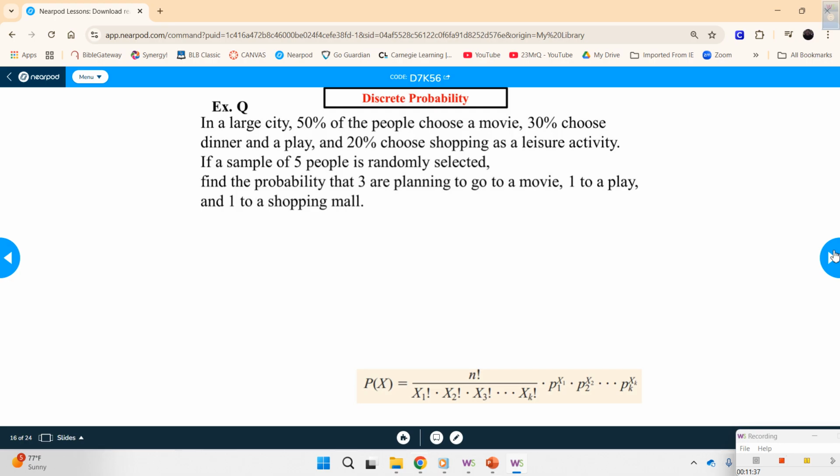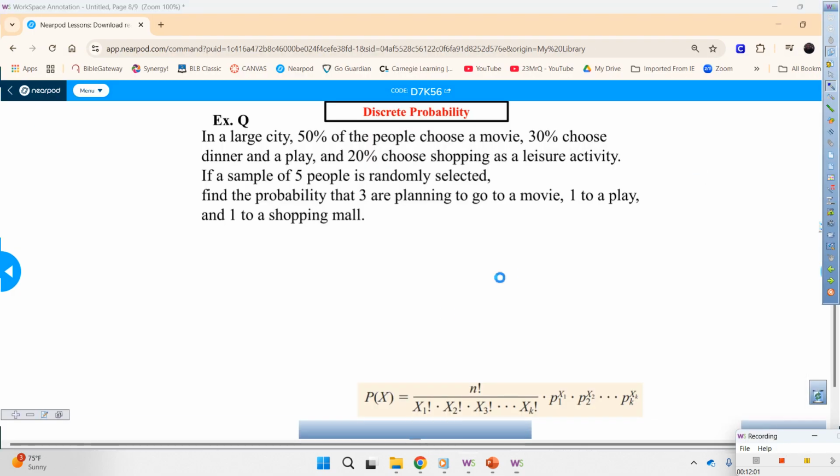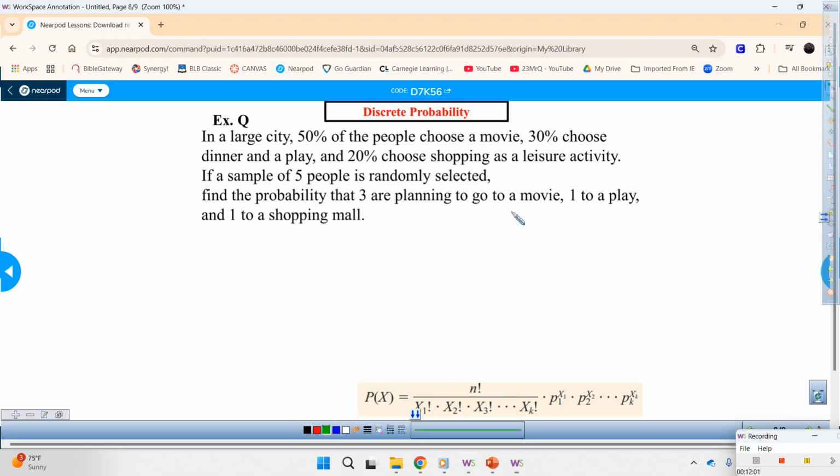So, let's get started. Here we go. Example Q. Don't copy this problem because it's lengthy. I want us to start with n first. So on your problem, write n as I read it out loud. All right, let me read it.